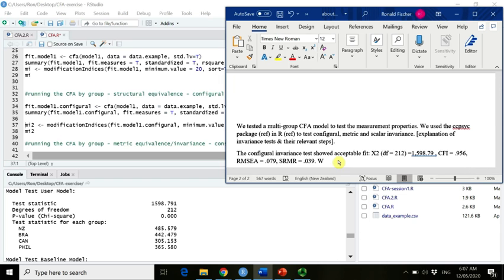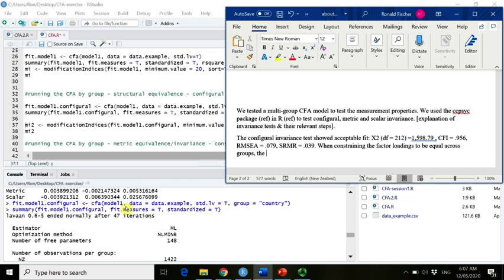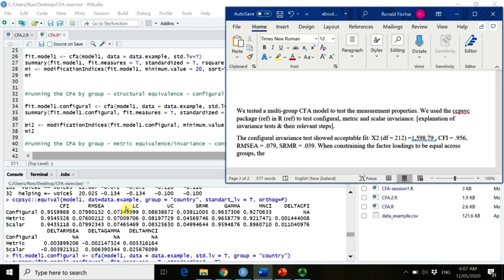When constraining the factor loadings to be equal across groups, now we need to look at both the fit indices as well as the change in fit. Right, the overall fit by itself was still acceptable.